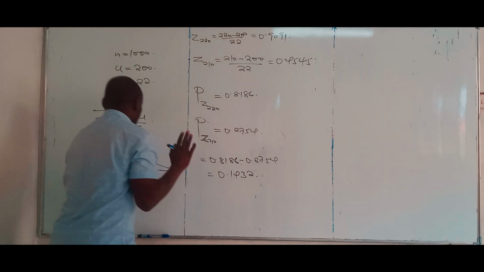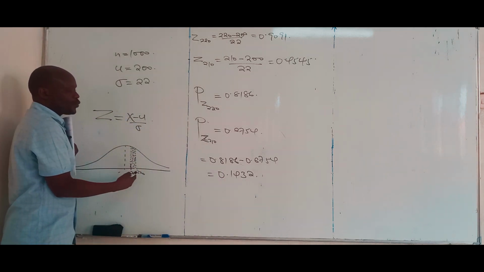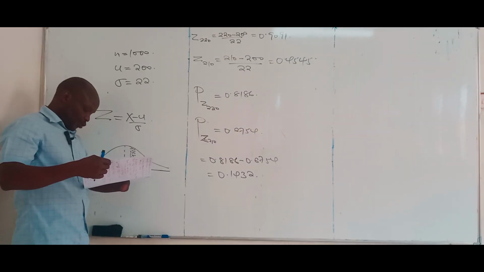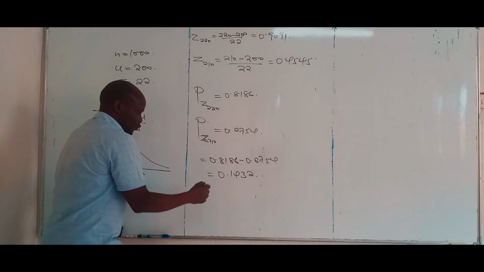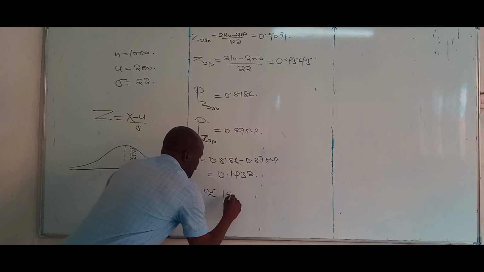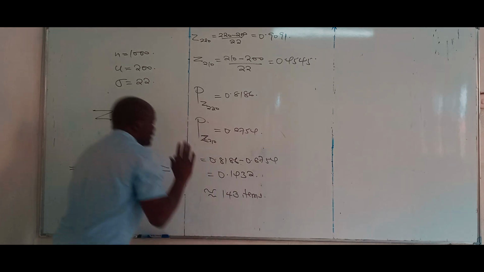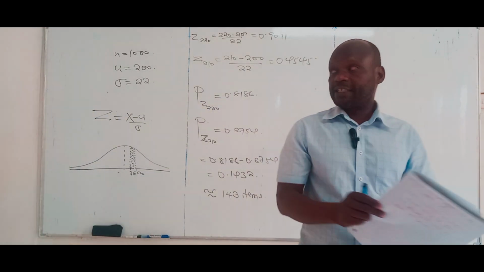Now, that's this area and it's the probability. If you want the number of items as the question instructs, we multiply this by 1,000, in which case we say it's approximately 143 items. That's the answer to Roman 1, approximately 143 items.